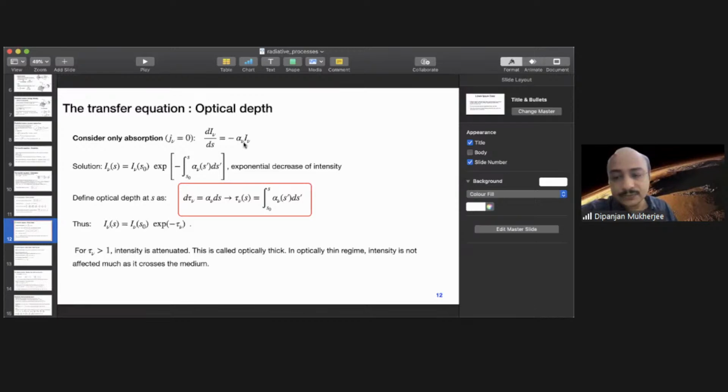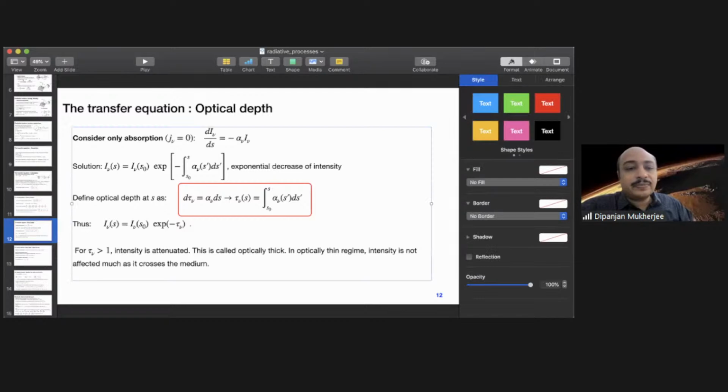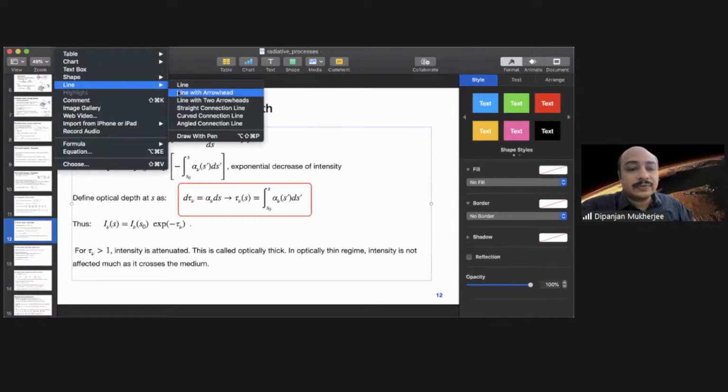Sir, in the expression of optical depth, what is the difference between S and S dash? Oh, okay. S dash is just an integral variable. S is, of course, the path length along the particular ray, but we are integrating over the path length, so S prime is just an integral variable that is changing. Let's insert a line here.